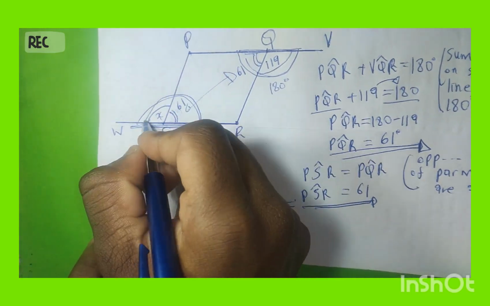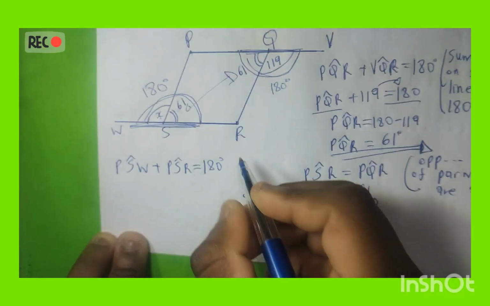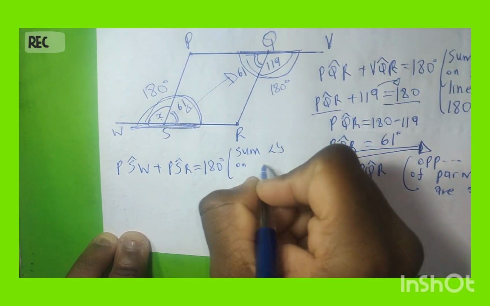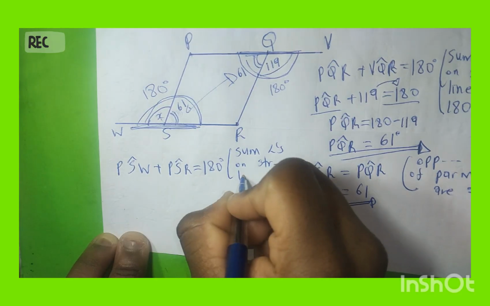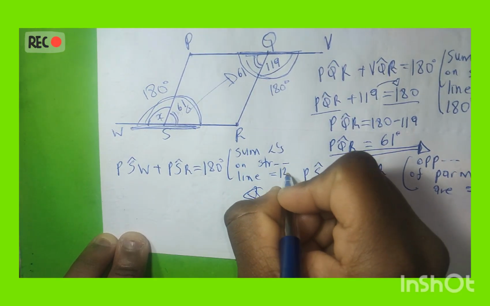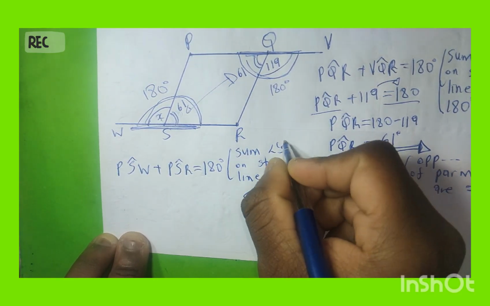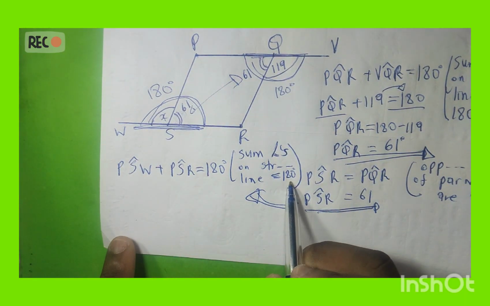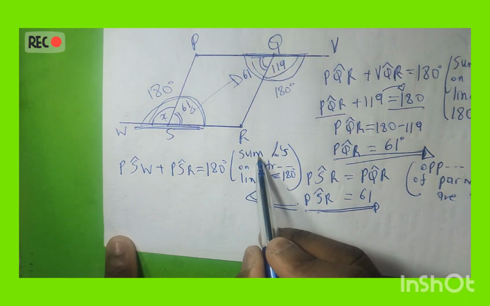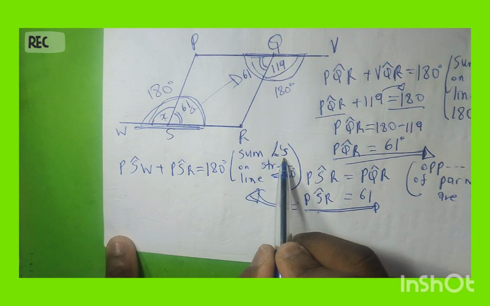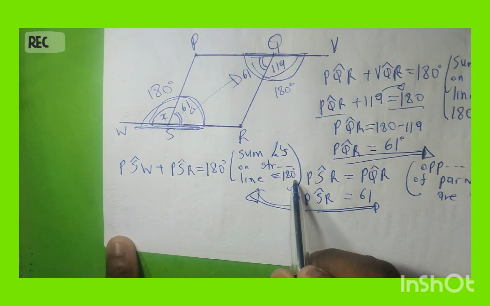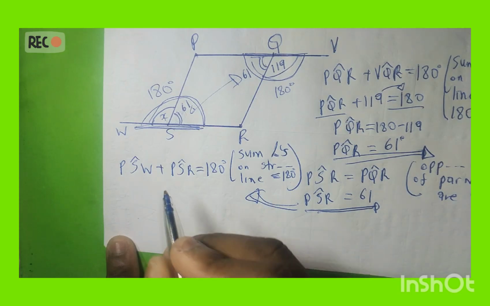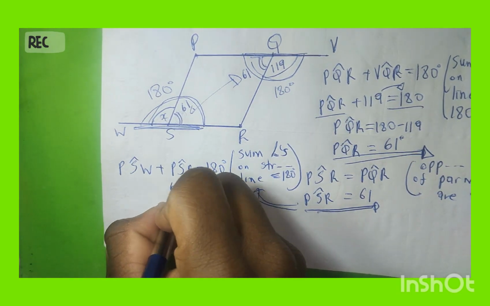When I add them, they should give me 180 degrees. The reason is that the sum of angles on a straight line is 180 degrees. All the time, guys, if you see angles on a straight line, they should give you 180 degrees. The word sum says that the total of angles on a straight line equals 180 degrees. But we don't write total, we use sum. And now this one I know is 61.